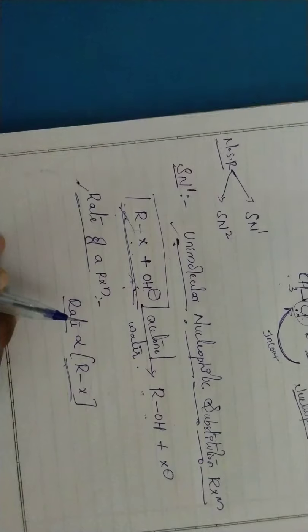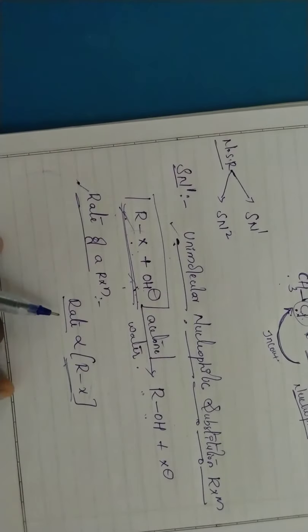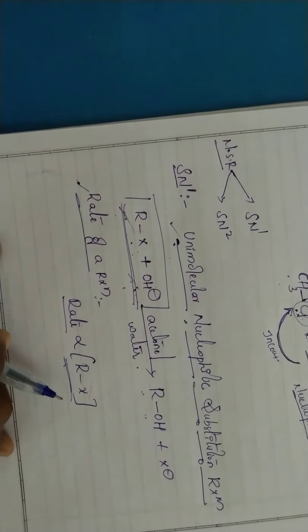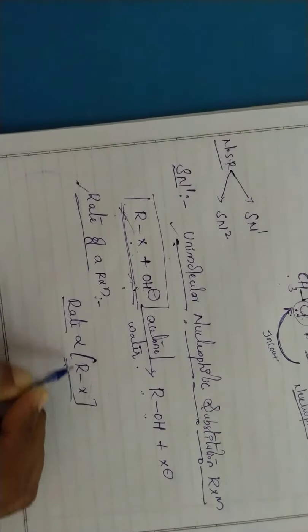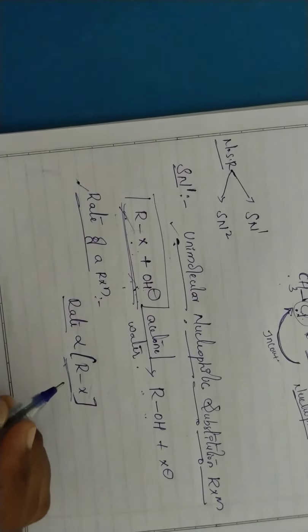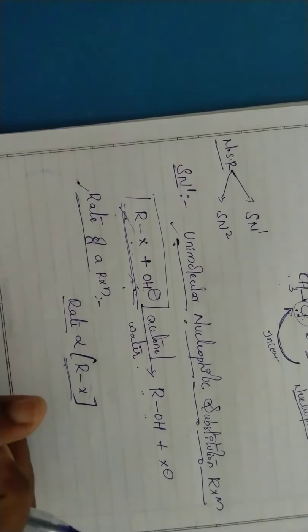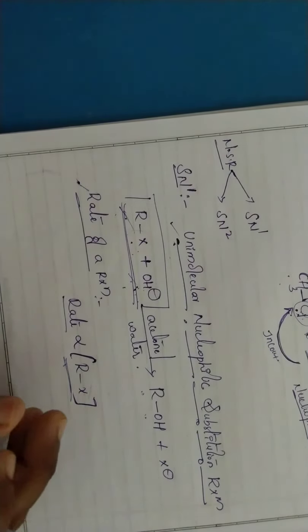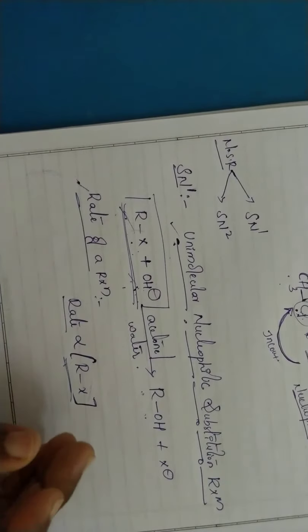Here we have to understand that the rate directly depends upon the concentration. This bracket is called the concentration bracket. Whenever you see any compound put in square brackets, we have to understand that it indicates the concentration of that particular compound.